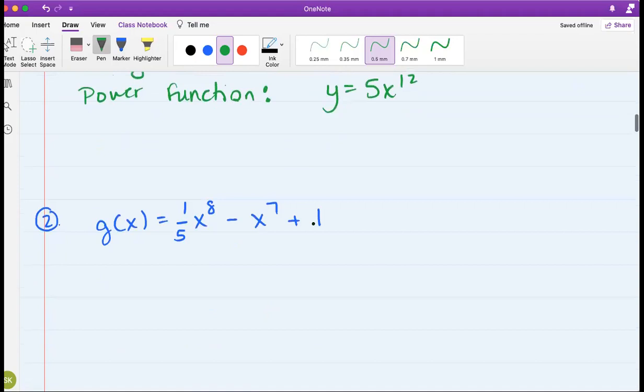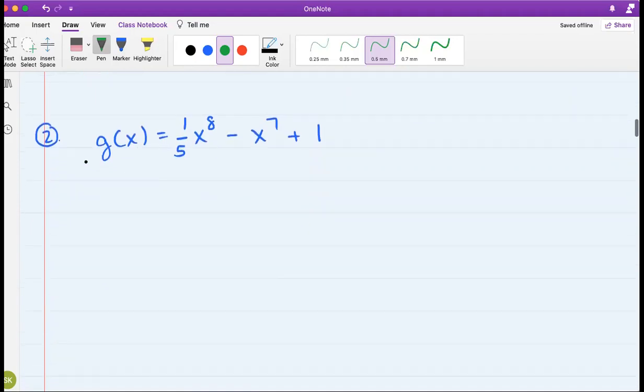Let's look at the second problem. Here I have g of x is equal to 1/5 x to the 8th minus x to the 7th plus 1. Is this a polynomial function? Well, the answer is yes. This is a polynomial function. Notice that the degree is 8.